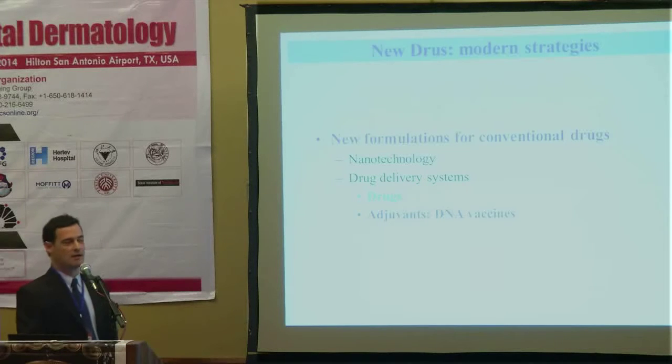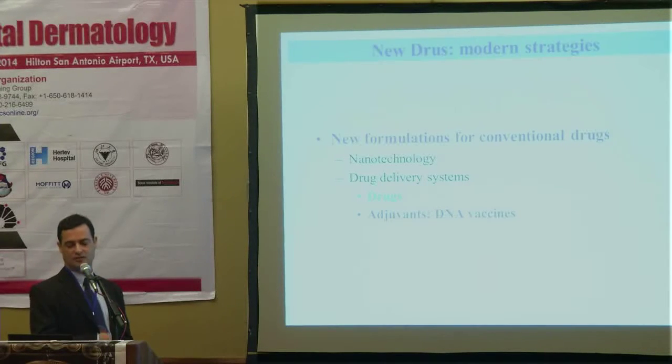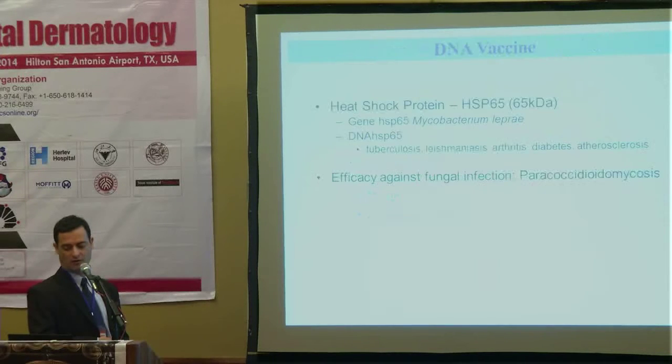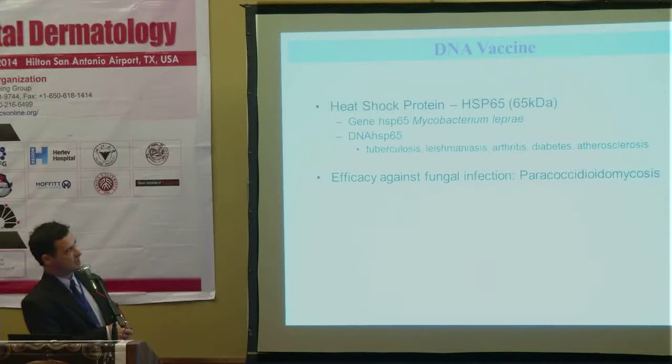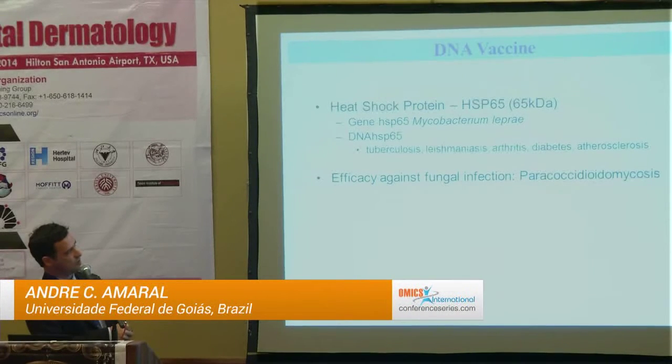After this, we decided to use the same strategy for delivery of adjuvants such as DNA vaccines to treat the same fungal infection, Paracoccidioidomycosis. So we used a DNA vaccine from heat shock protein.